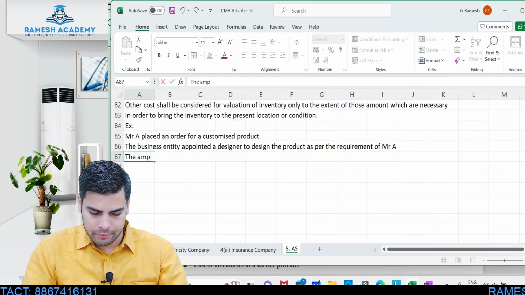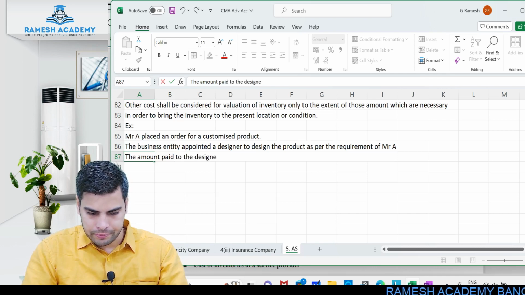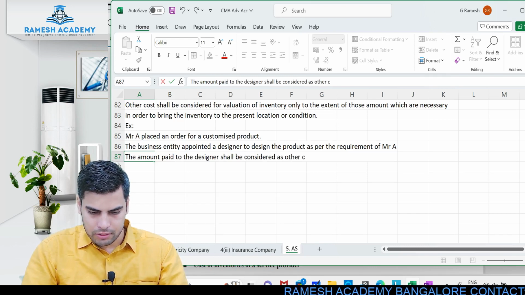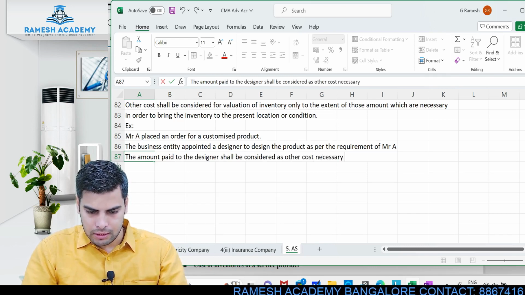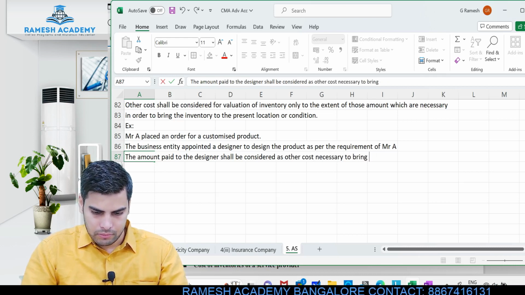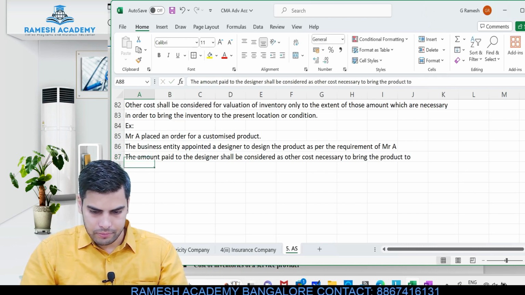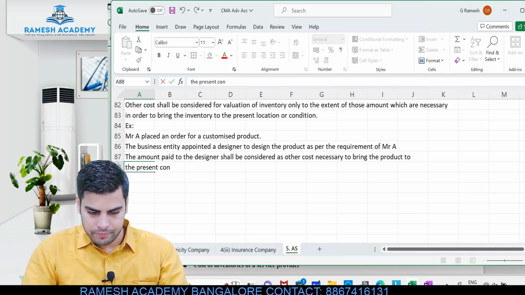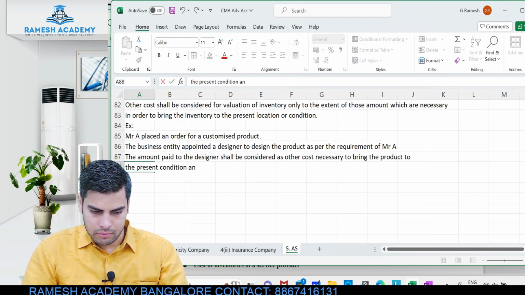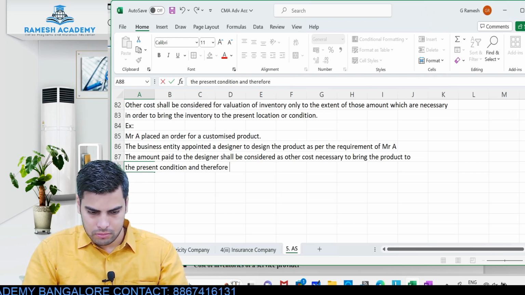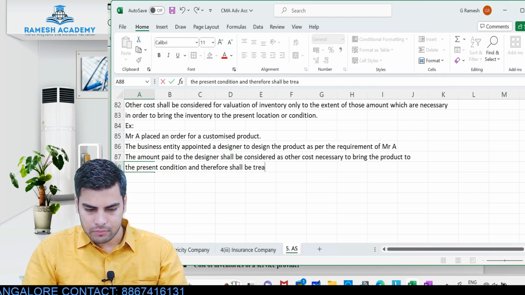So the amount paid to the designer shall be considered as other costs necessary to bring the product to the present condition, and therefore shall be treated as a component of cost of inventory.